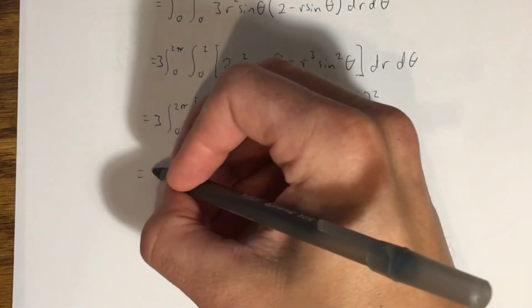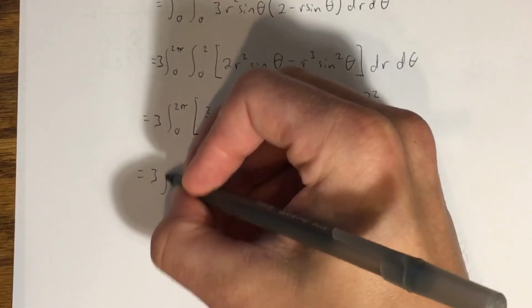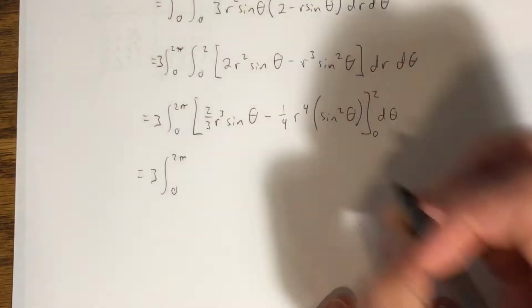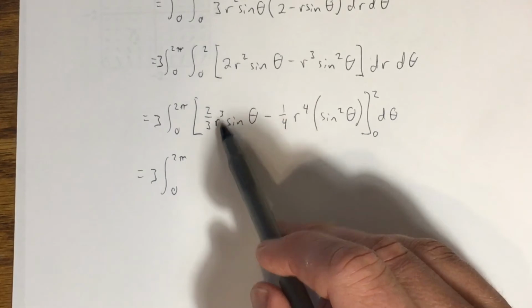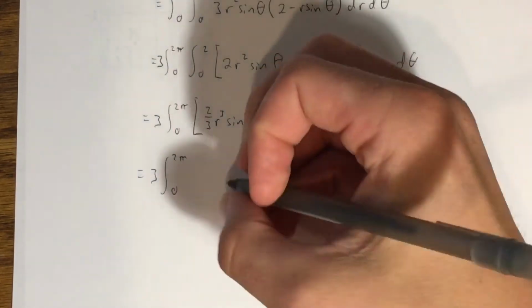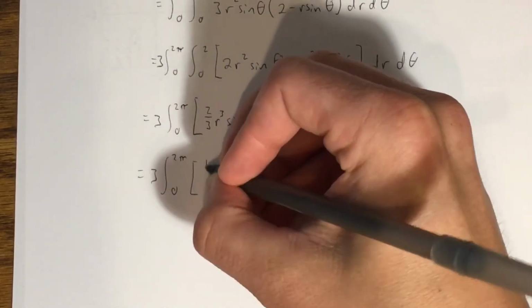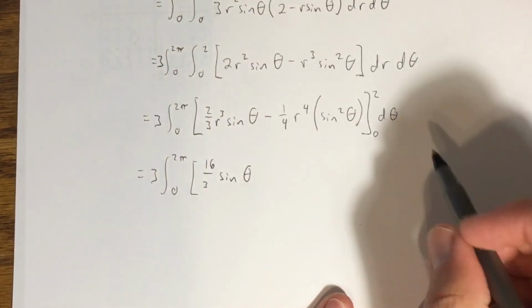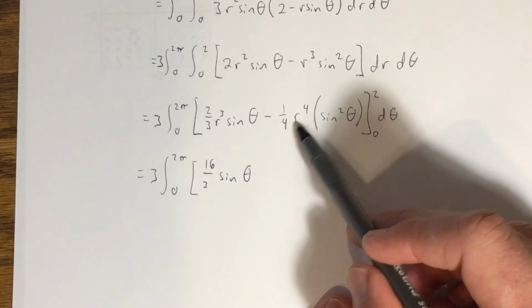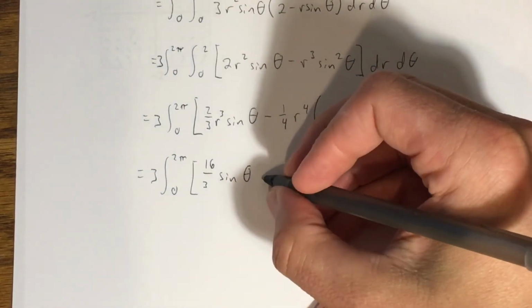Okay, so this will be equal to 3 times, now let's see. When I plug in a 0, everything goes to 0. That's all going to go away. R cubed, 2 cubed would be 8, so that becomes 16/3 sine of theta. 2 to the 4th will be 16 divided by 4, that's minus 4.